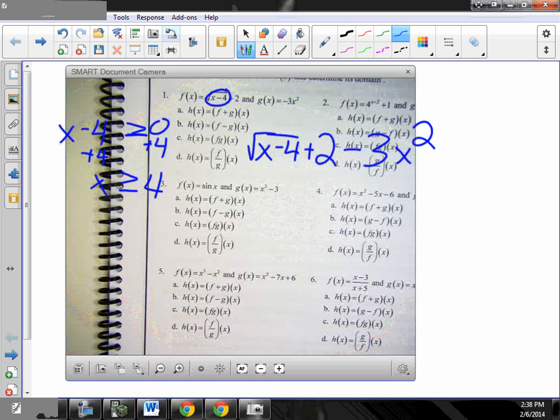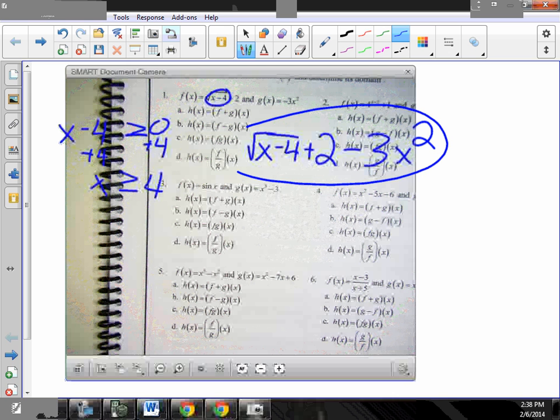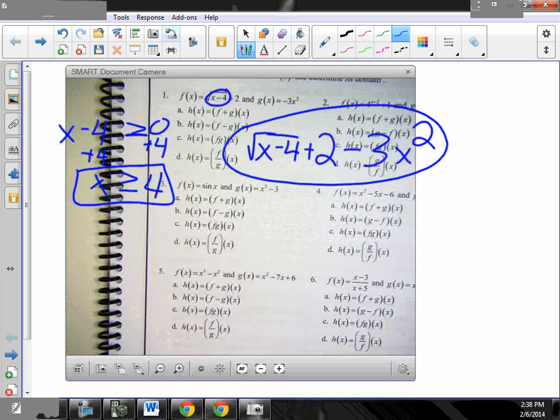Because if it's 3, 3 minus 4 is negative, and that creates an undefined function. So this is the new function, and it wants you to state the domain. Well, the domain is every x bigger than or equal to 4.